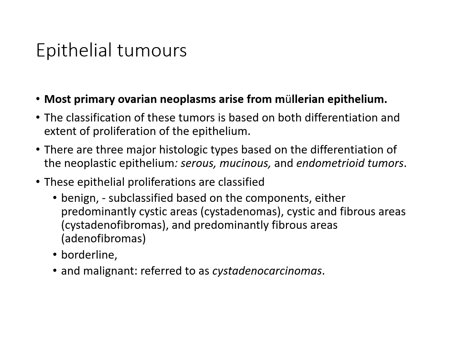And these epithelial proliferations are classified again whether they are benign, borderline, or malignant. The names signify whether they are benign or malignant. If they are benign, they can be cystadenomas, cystadenofibromas, or adenofibromas, whereas when they are malignant, they are called cystadenocarcinomas.